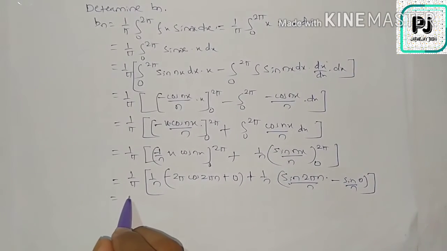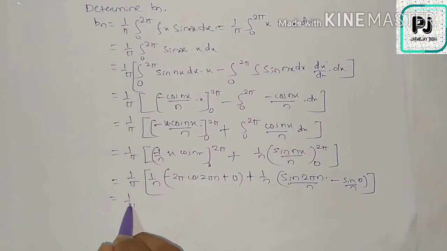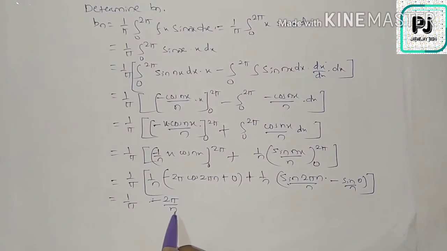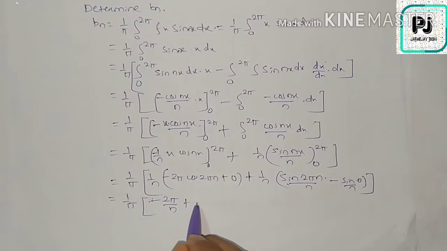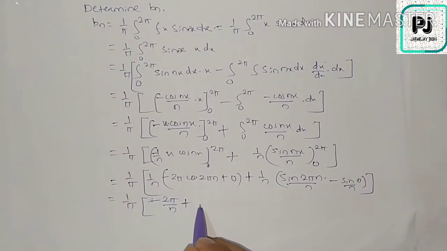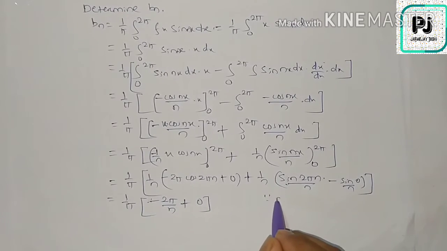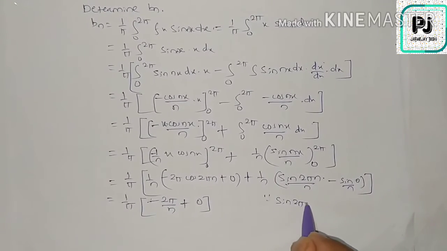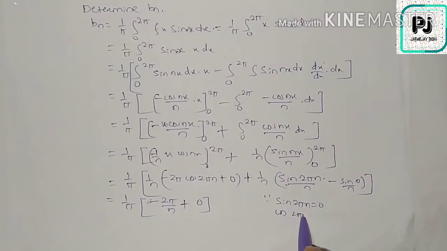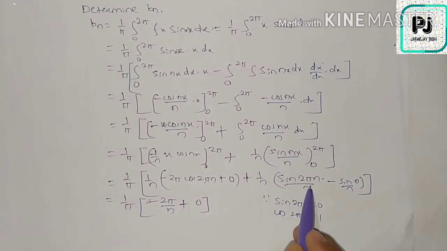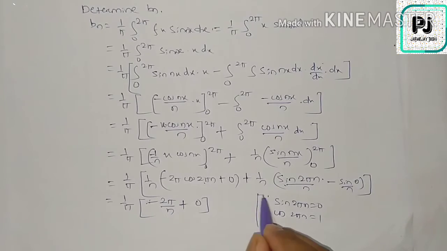Now it will be 1 by pi, 1 by n, minus 2 pi by n. cos 2 pi n has the value 1, so it will be minus 2 pi by n plus 0, and sin 2 pi n is equal to 0, so that value will be 0. So lastly we get minus 2 pi n, and this side it will be 0.